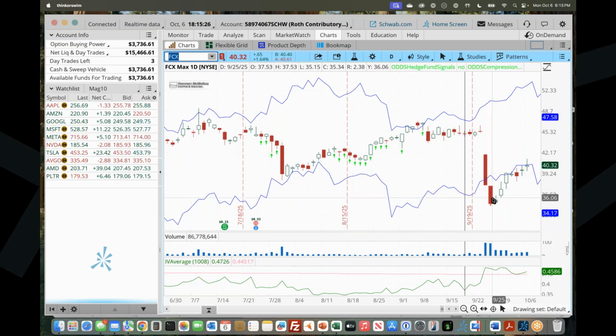We did get a couple days of big move, and then it started bouncing back. Now, what I'm looking for, so I give myself permission to take some profits off the table when the stock has made something above a 1 standard deviation move. And so these lines right here are an indicator that I've developed.